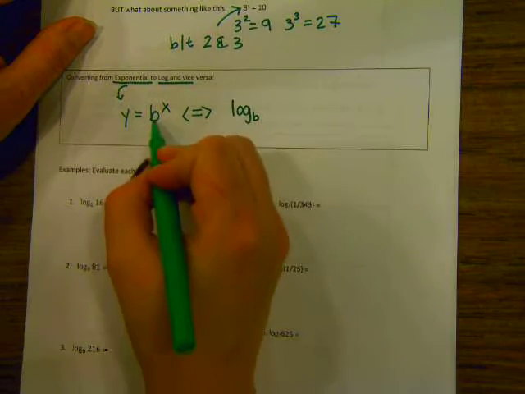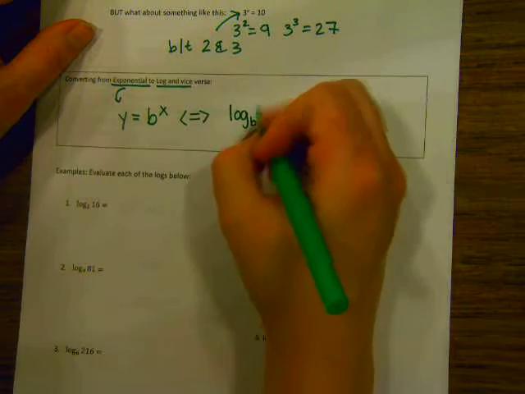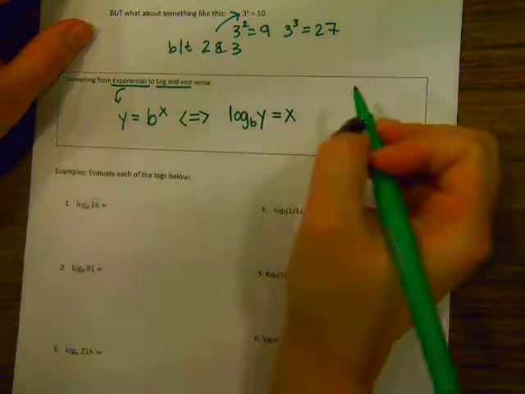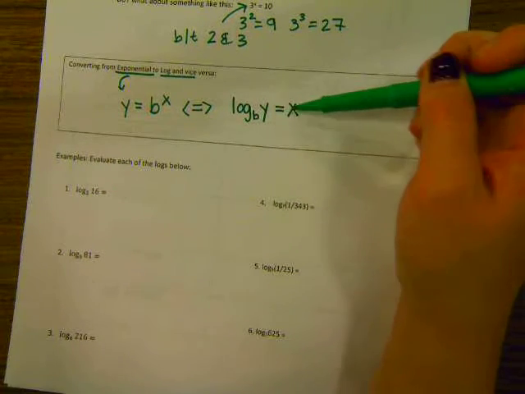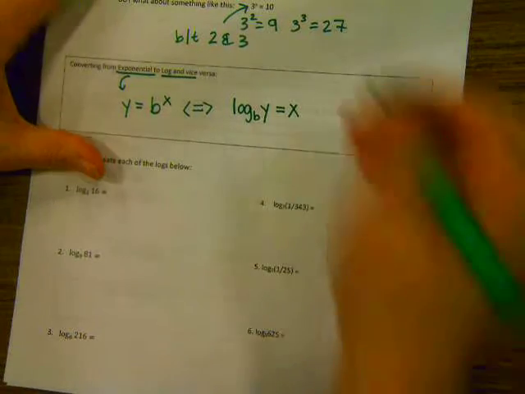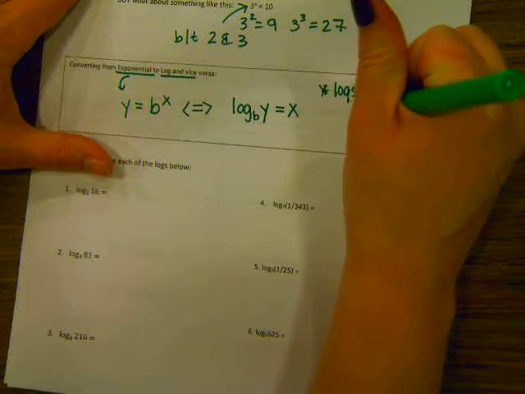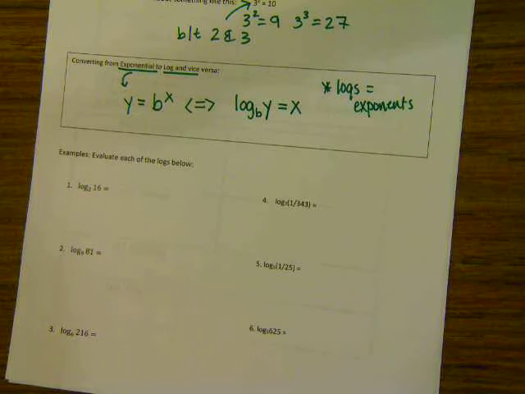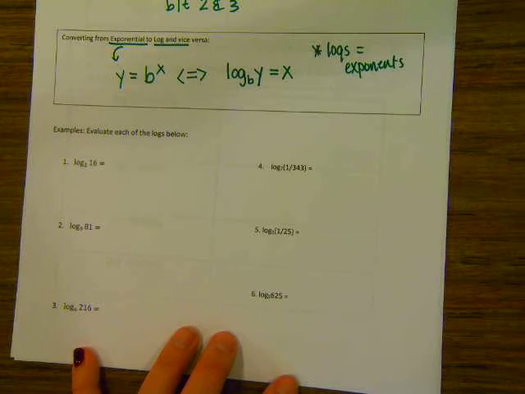So the base, see this base, it goes right here, of whatever this is, equals the exponent. So we would read this as log base b of y equals x. So like a lot of the videos say, logs equal exponents. Okay, and we use this method that's called the loop to rewrite these. And that's what we're going to practice today, using this loop method to go from one form into the other.